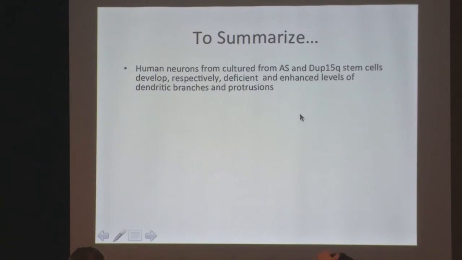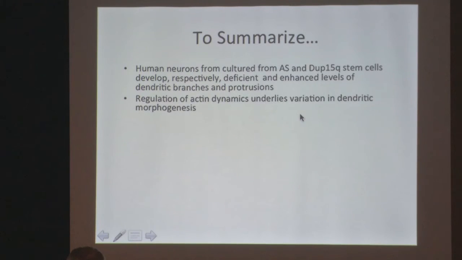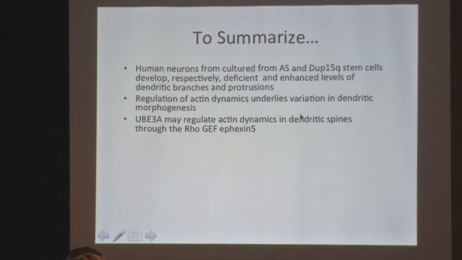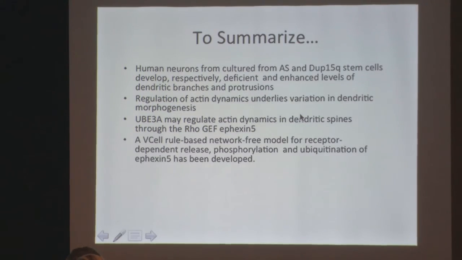So to summarize, human neurons from cultured AS and Dup15q stem cells develop respectively deficient and enhanced levels of dendritic branches and protrusions. Regulation of actin dynamics underlies the variation in dendritic morphogenesis. UBE3A may regulate actin dynamics in dendritic spines through the Rho-GEF affexin 5. I think it almost certainly does, but obviously there's a lot more going on.